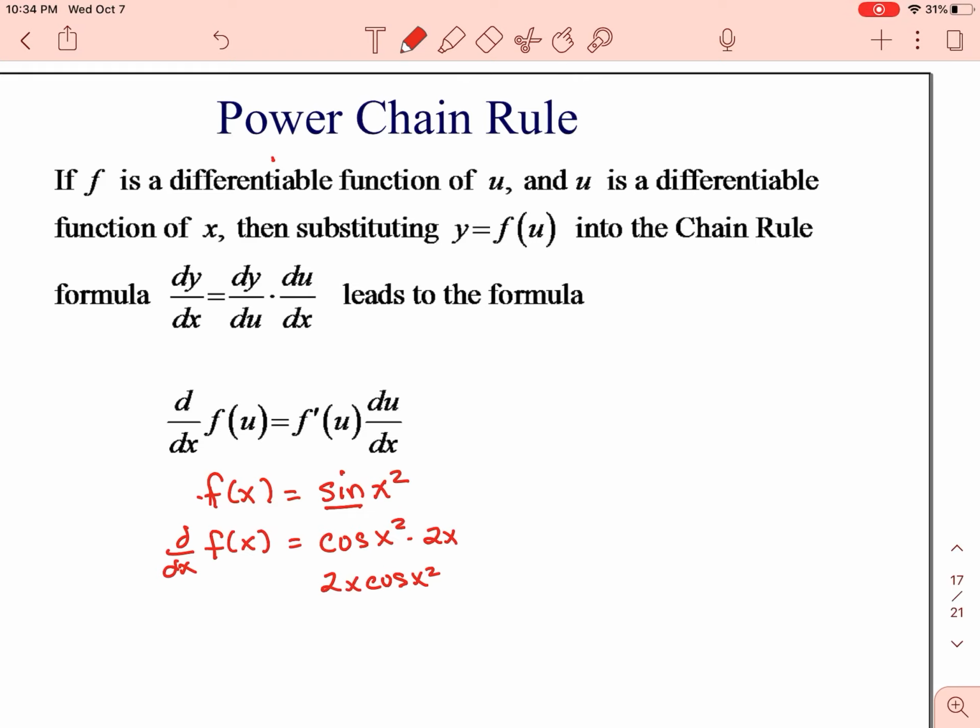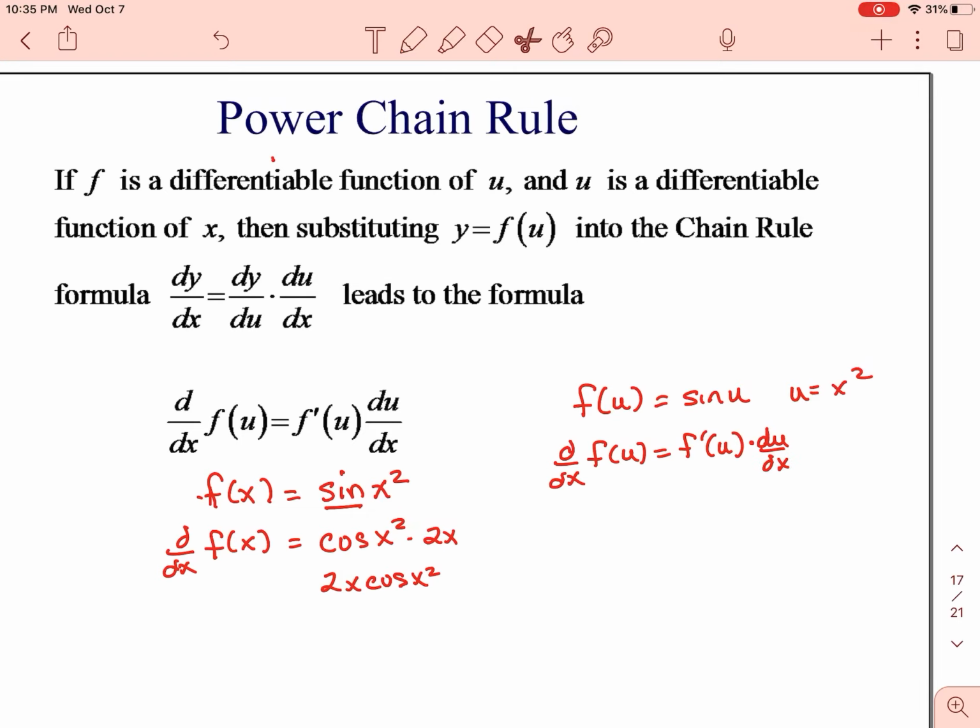But what if we looked at this a little differently? What if we said we had f of u equals the sine of u, but u was equal to x squared? Well, the derivative with respect to x of f of u would equal f prime of u times du/dx.